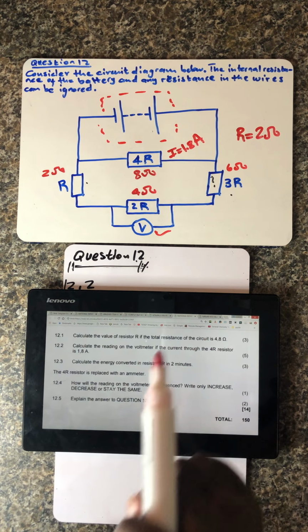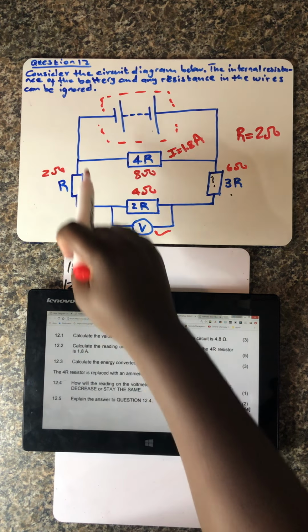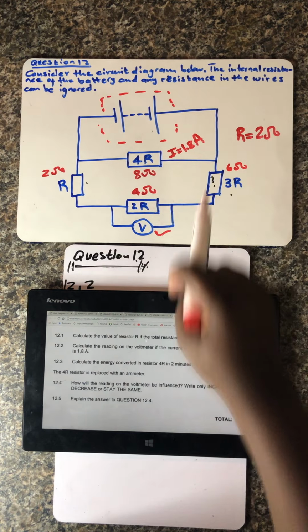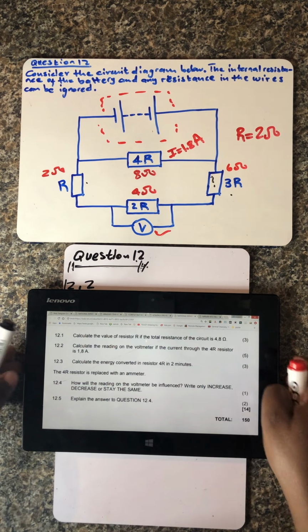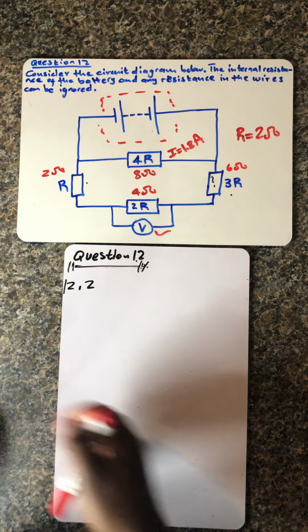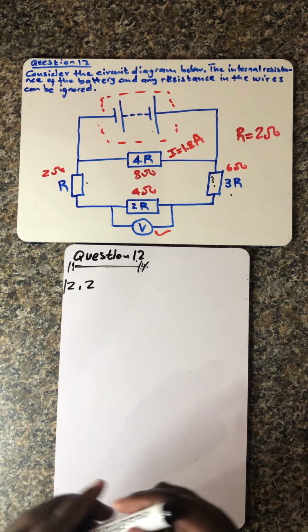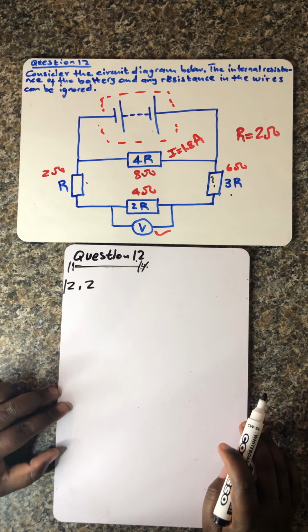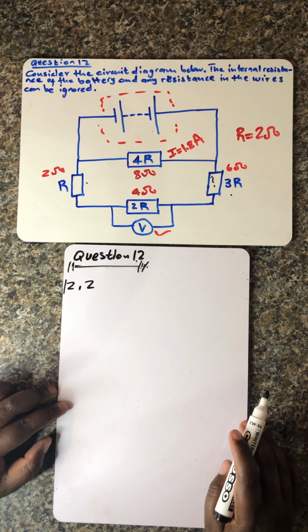Which means it remains your responsibility to know what the current flowing through that side is. It's very, very important, ladies and gentlemen, that you understand how circuits work. So, guys, this is now our starting point.